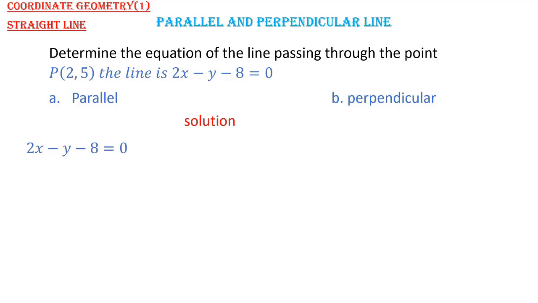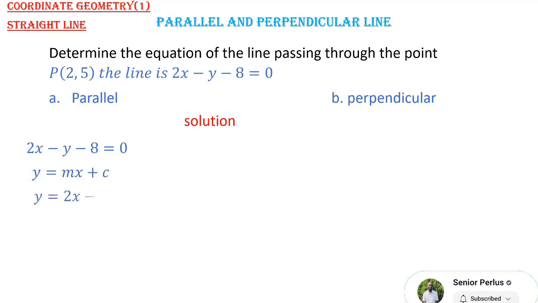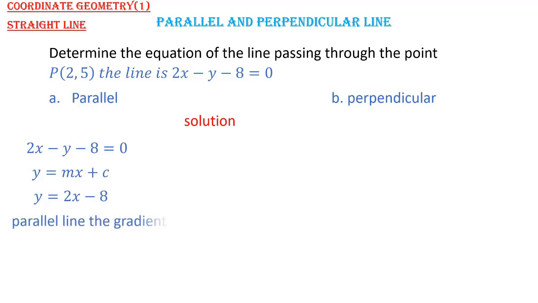And we all know that the equation of a line is in the form y equals mx plus c, where m is our gradient. So you will turn this equation 2x minus y minus 8 into the form y equals mx plus c. So our y is 2x minus 8. Then we compare. Therefore, our m, that's our gradient of the parallel line, is 2.